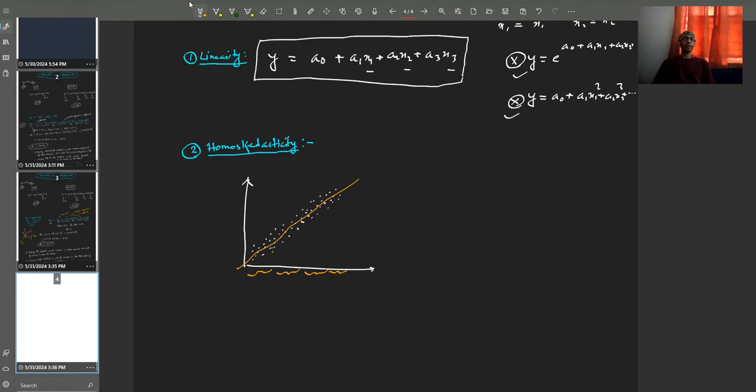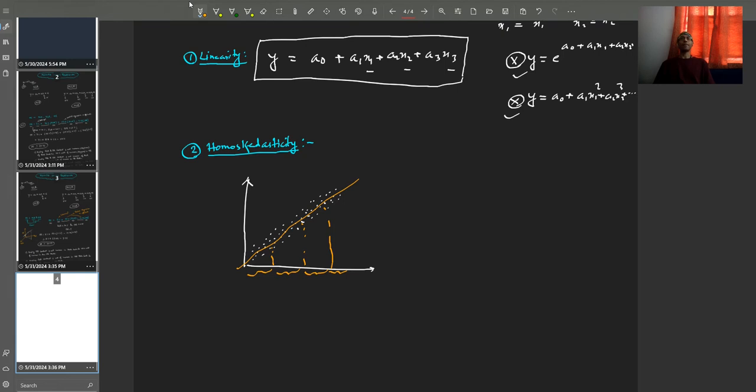This region is not different from this region, which is again not very different from this region. So that is how the data is distributed. This is called data which is aligned with homoscedasticity. That is, the variance of the errors is not drastically different across the observation zones or regions.